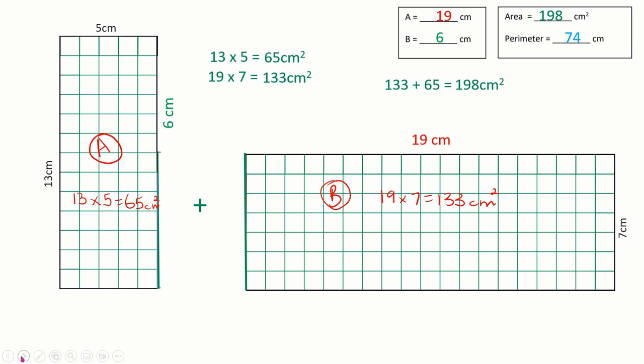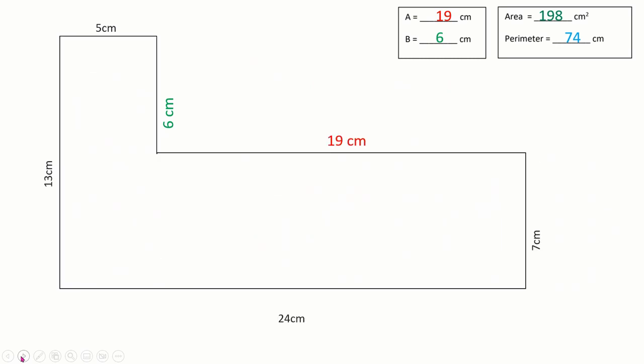So that's how you work the area of the entire shape. You split it into 2 parts. Now I'm going to leave you with one more question. And I'm going to leave this question hanging in the air. Not going to answer it, but I want you to think about it and come up with your own answer. When I calculated the area, I drew a vertical line coming down.